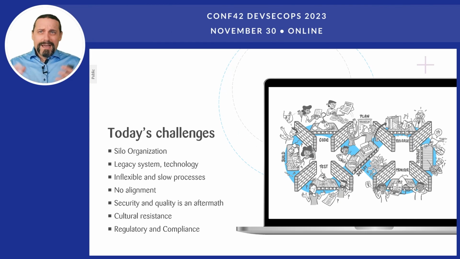There is no alignment in here. Every team is working on their own goals, and usually in such an environment, security and also quality is something that is done when things are in production. Also, what we usually have is quite a lot of cultural resistance, and regulatory and compliance also plays a huge role.